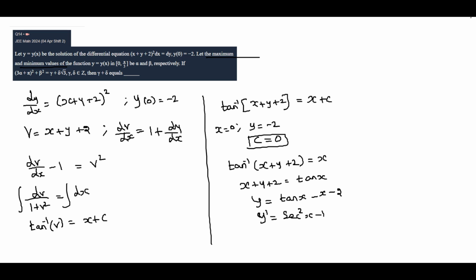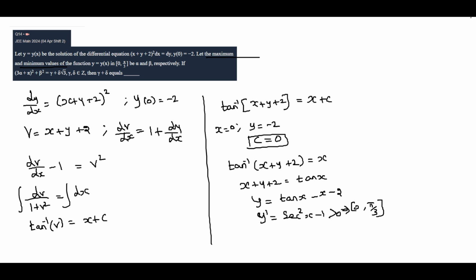Now the interval given is 0 comma pi by 3, so you have to check in this interval whether the function will be increasing or decreasing. f dash of x is secant square x minus 1, so it is greater than 0 in this interval.